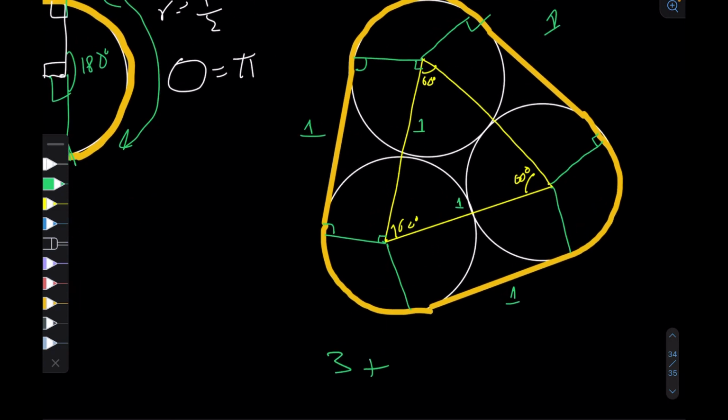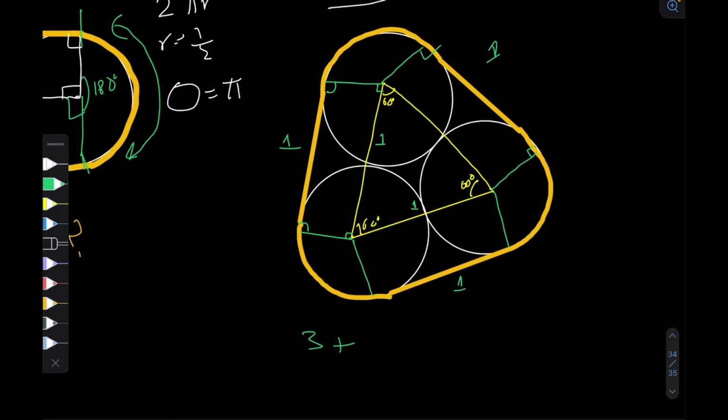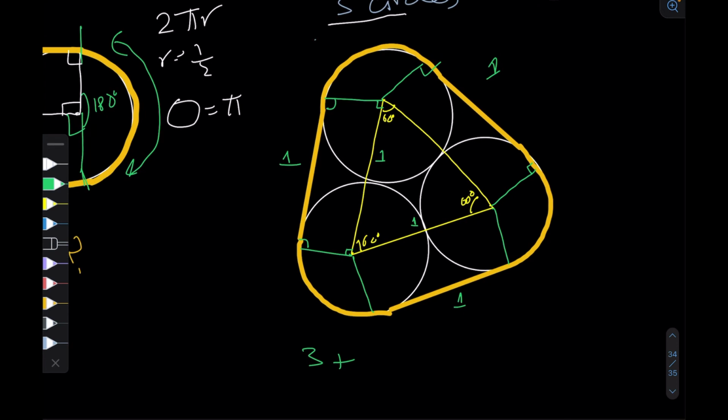If you start doing this for more circles, you will realize a pattern: once you have any n circles, the curved surface area is equally divided. Here there are 3 circles, so this would be 1/3 of a whole circle, 1/3 of a whole circle, 1/3 of a whole circle.